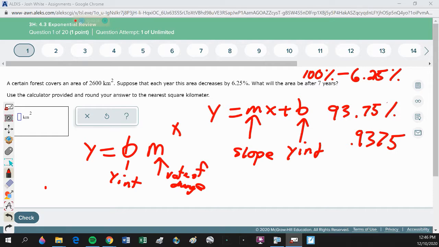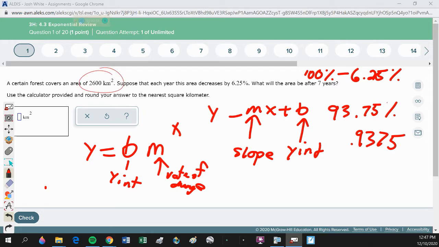Multiplying by 0.9375 is the equivalent of subtracting 6.25%. And one way to think about it is if you take everything you have and you throw away 6.25%, how much do you keep? 93.75%.